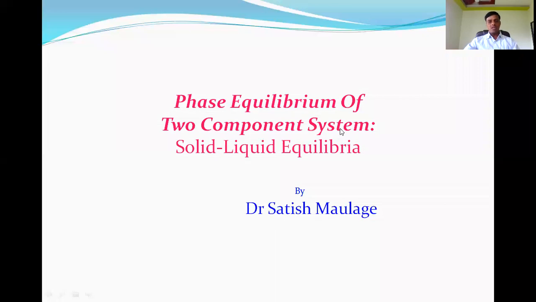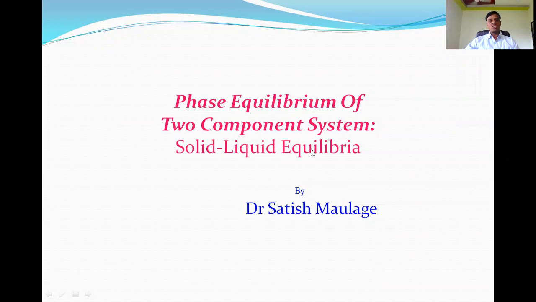Now the examples of two component system already we have discussed while defining the term component. What is the component? For example, as far as your syllabus is concerned, they have mentioned only the phase diagram of lead silver system, as the lead silver system is an example of two component system.